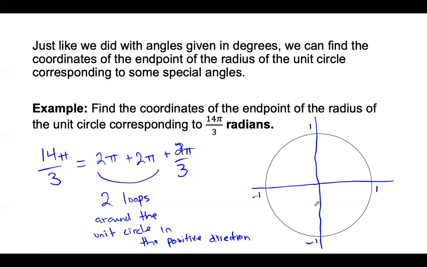Okay. Actually, I'll draw it for you here. Once, then twice. Okay, and then we continue going 2 pi divided by 3. Now, you know, the whole thing is 2 pi, so half of it would be pi to this particular point. From here to here, it's just pi. So pi times 2 over 3.